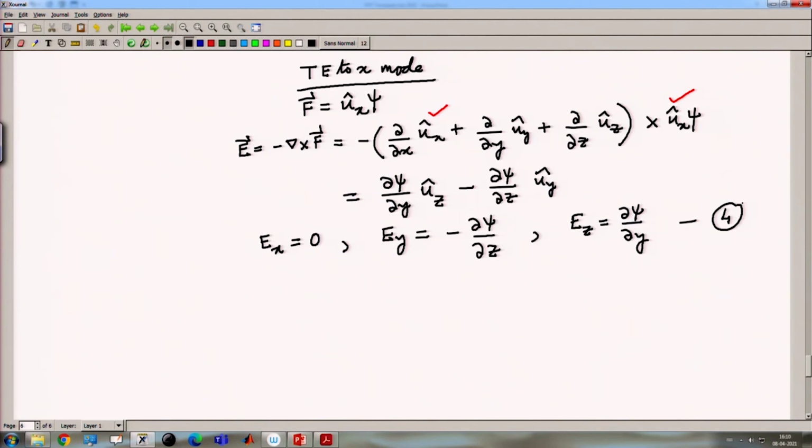Let us call this equation 4. So, you see now that E x is 0 corresponding to the transverse electric to x mode.